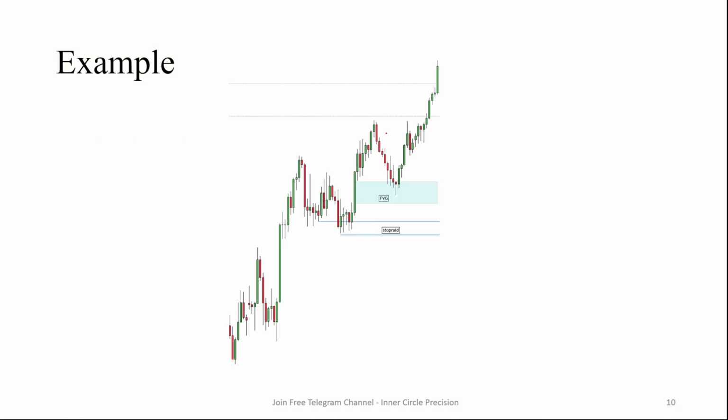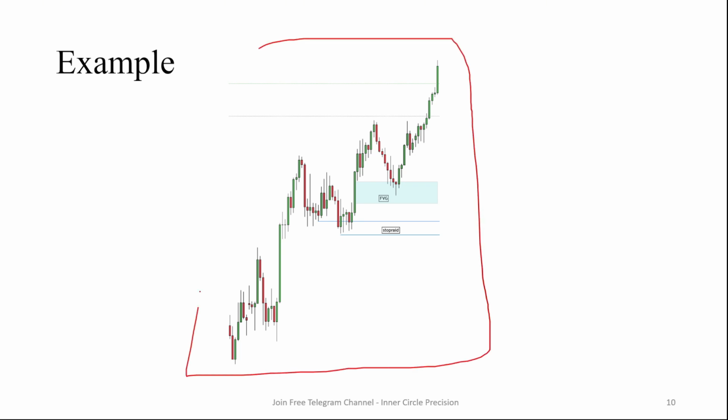Alright, so basically this is an example, a short one, so that this video might not be as long and boring. In this particular case, we can see it's now a clear picture of the whole structure. We can see that we are trending to the upside, and within that trend to the upside, what we want is to see this model being presented.